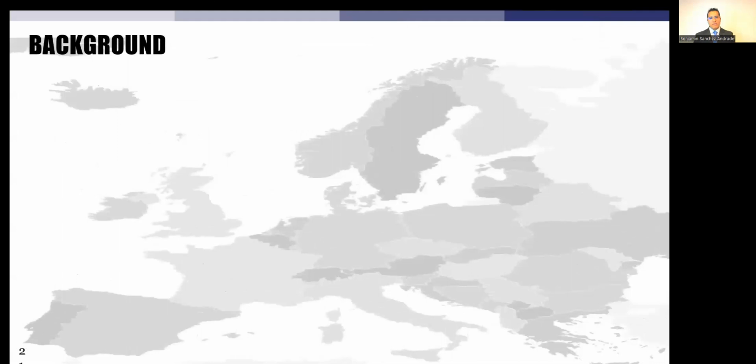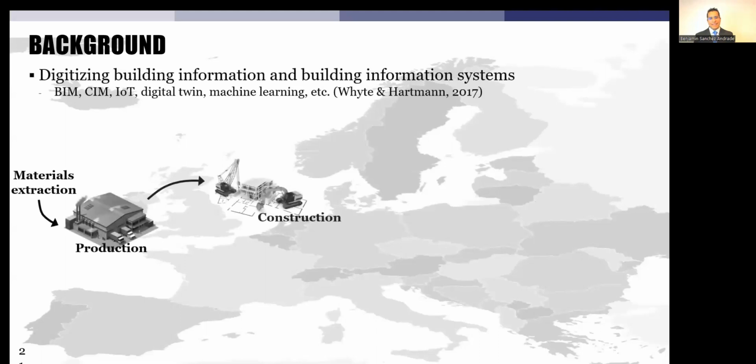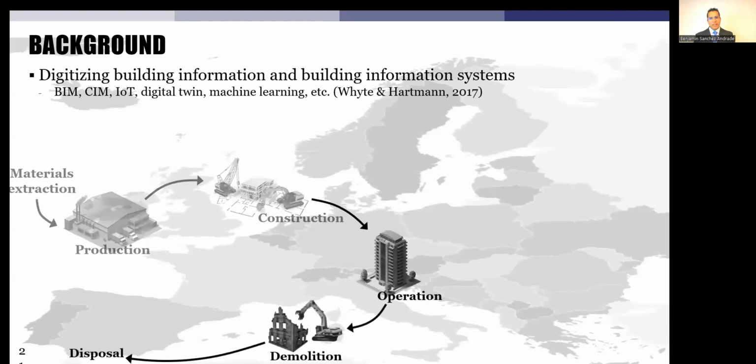Finally, we are living in an era of technological advancements that are making possible the improvement of buildings' performance along all the life cycle and along the entire construction supply chain. For example, it has been demonstrated that digitizing the building information is reshaping the ways of delivering buildings.